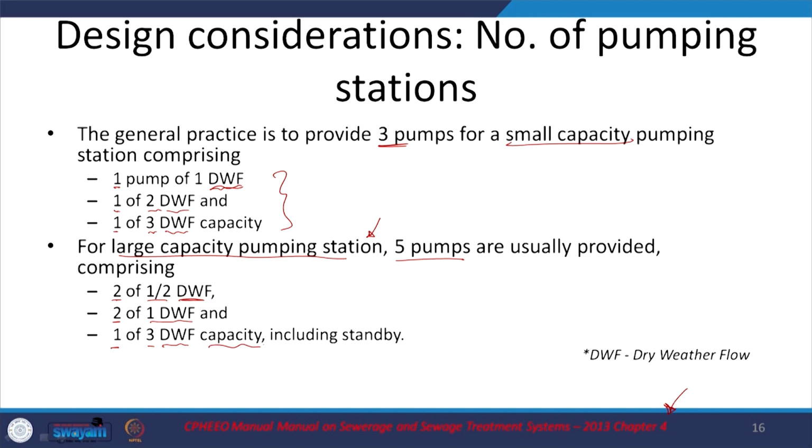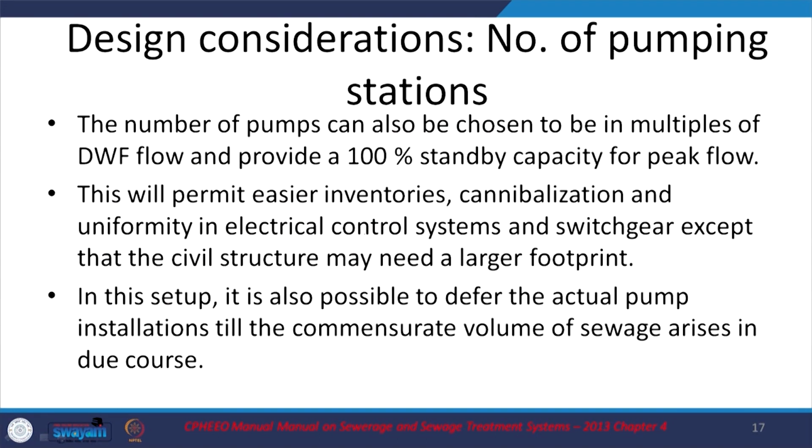So, here you see that we are choosing pumps in terms of dry weather flow, and then 100% standby is provided for the peak flow, as I mentioned earlier, and it is going to lead to easier inventories and such.